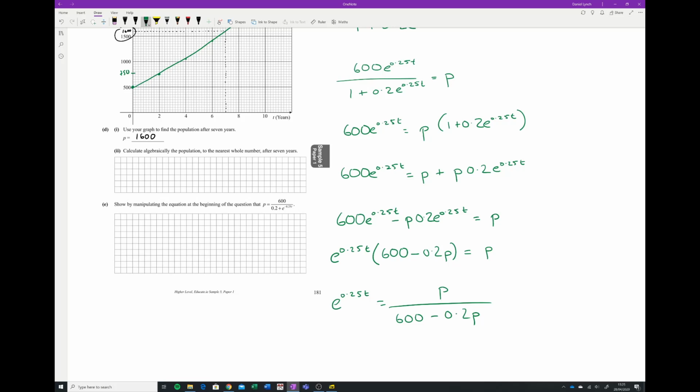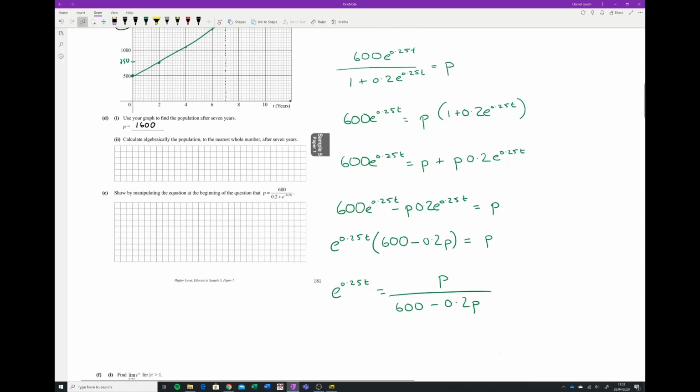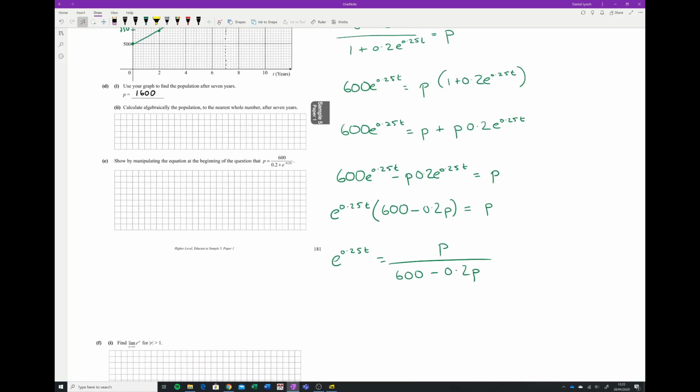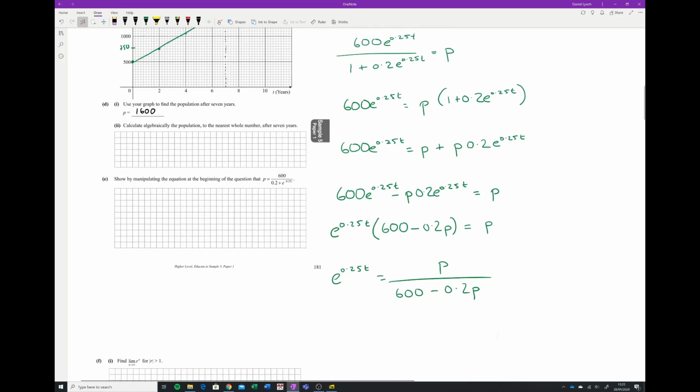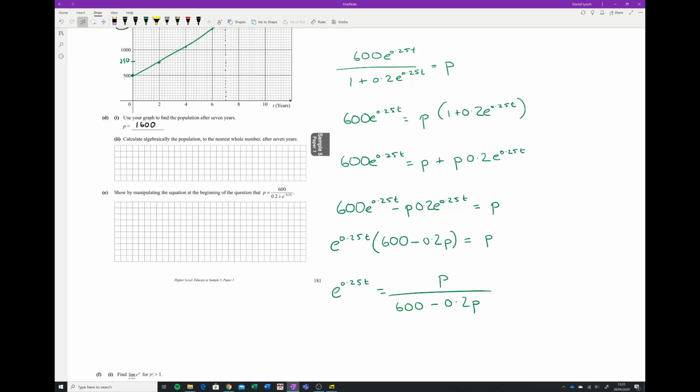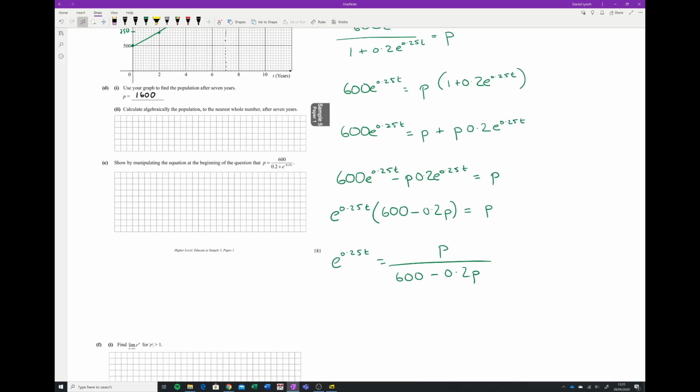Now it's been a little bit tricky here so far as to what we should do. How do we get just P on its own? It's not such an easy question, but I think I see now that there was maybe a faster way to do it, but we shall go with it here.